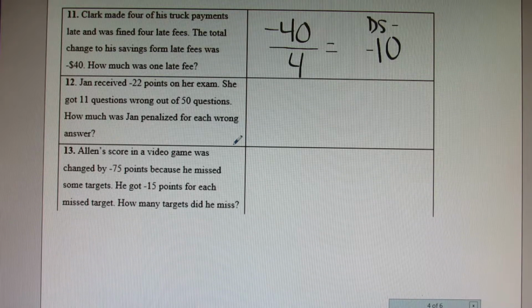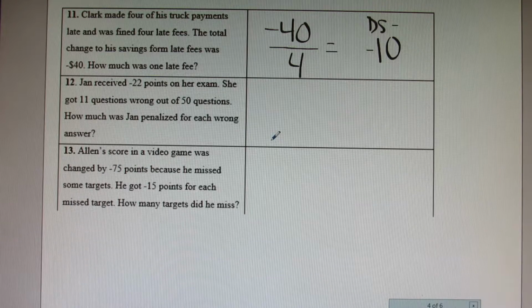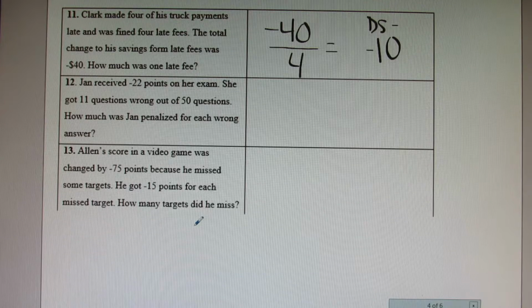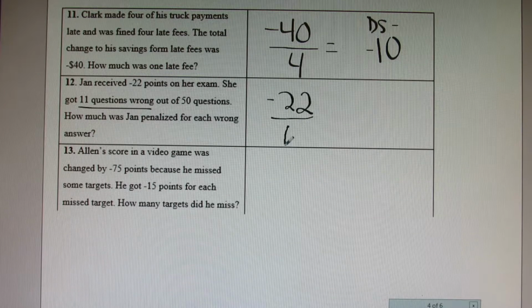Next one, Jan received -22 points on her exam. She got 11 questions wrong out of 50 questions. How much was Jan penalized for each wrong answer? Okay, so she got 22 points off for what? She got 22 points off because she got 11 questions wrong, so 22 per 11 questions. So the 50 really has nothing to do with this problem. It just says that was what the total was out of.